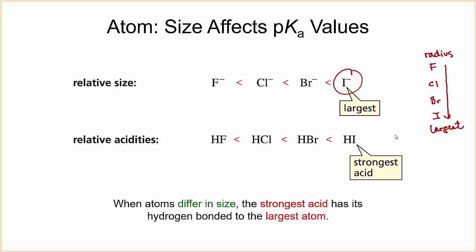Because remember, they have the same charge, but in fluorine, all that charge is concentrated in a much smaller volume. The result is that when you're looking on a group and you're looking at atom size, HI has the most stable anion, and so is the strongest acid, and HF is the smallest anion. Fluoride is the smallest anion, and as a result is the weakest acid in that group of the halogens.